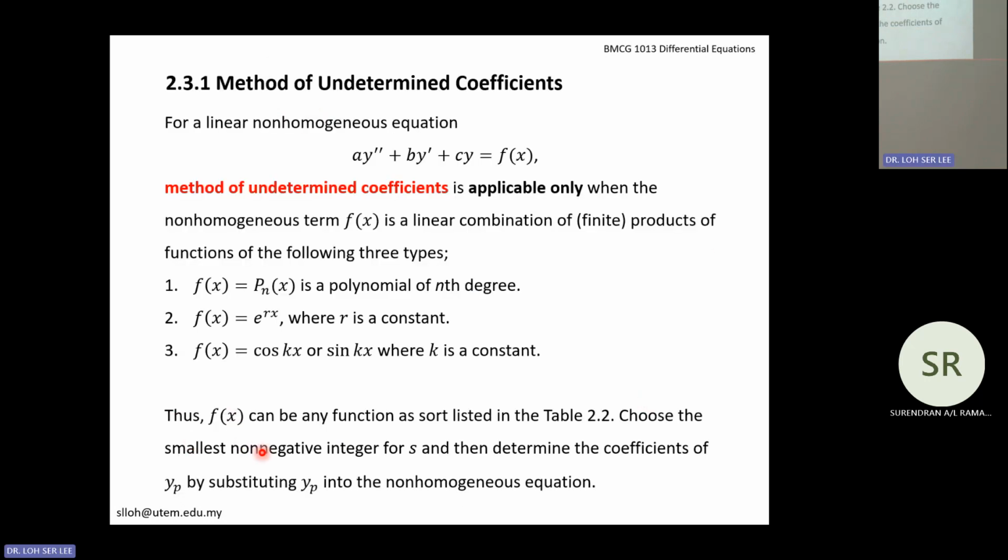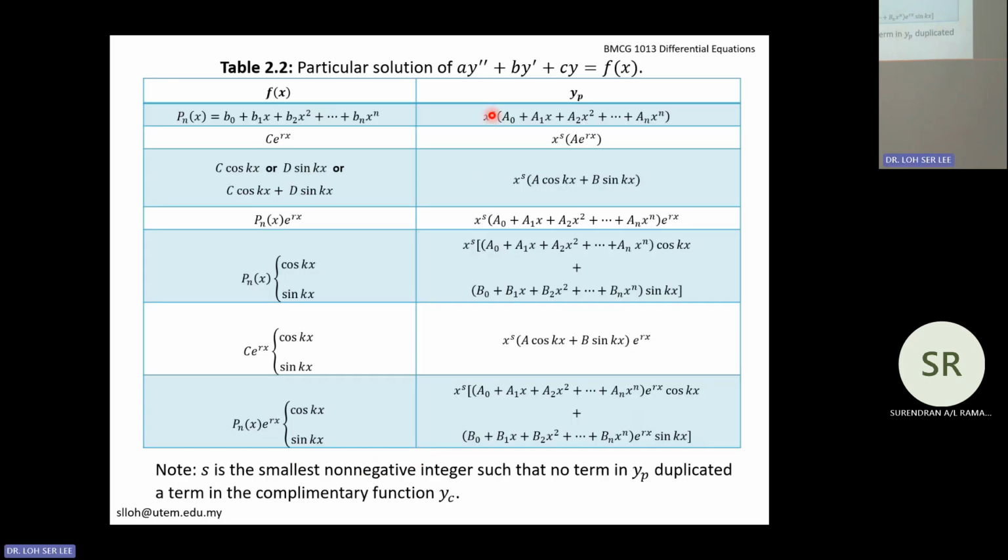Choose the smallest non-negative integer for s. What is this s? Here you see all of these functions have an x to the power of s. We need to choose s, but s is the smallest non-negative integer.